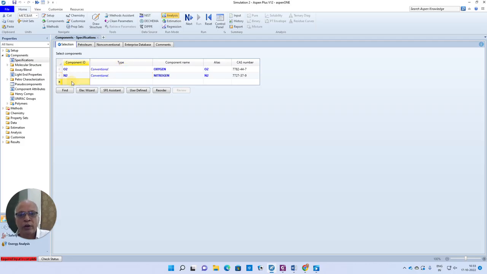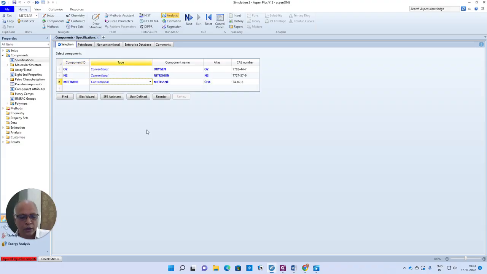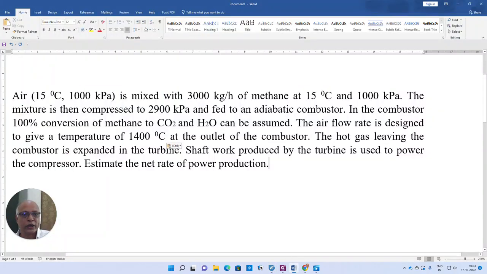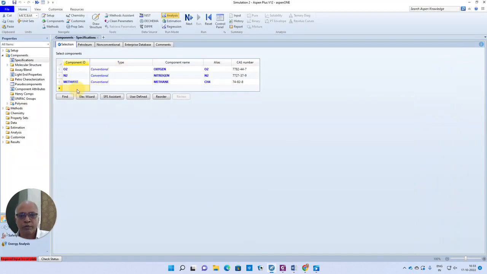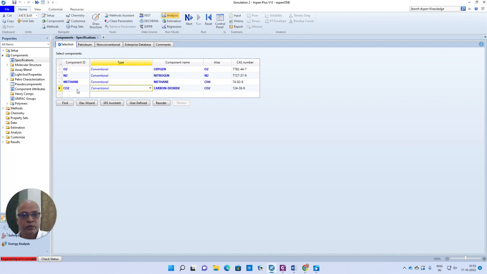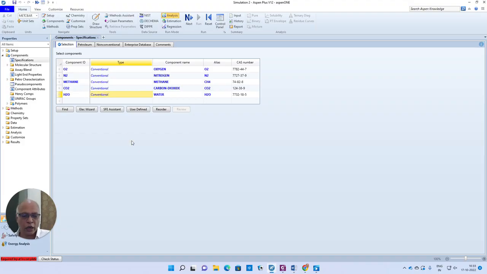Then we have methane and the combustion products. Air, methane, and the combustion products are CO2 and water.